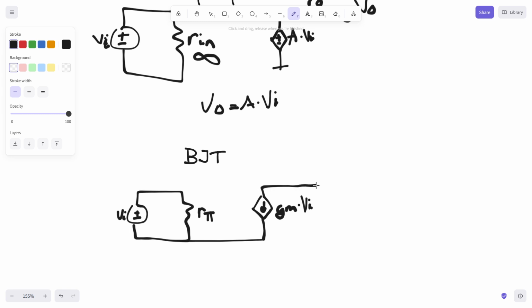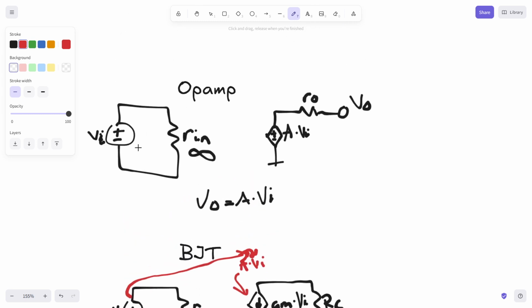You don't really need to know what these values indicate at this moment, but really it's just understanding that this dependent source is some constant times the input voltage here. So the input voltage implies the value of this dependent source.